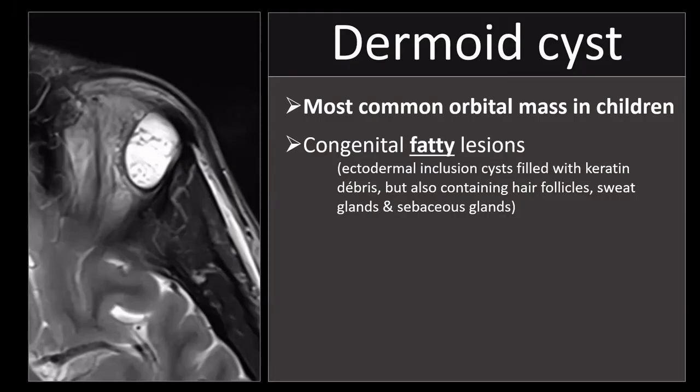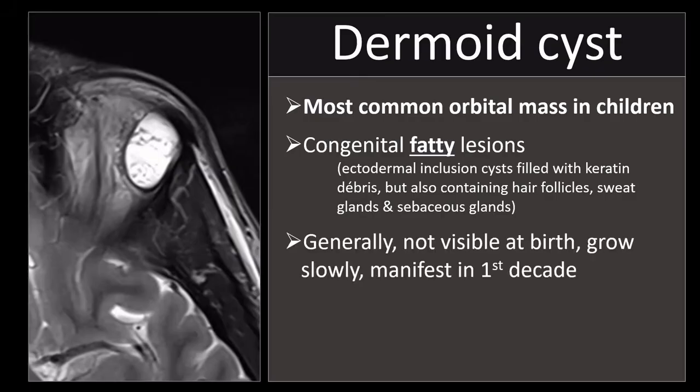It's an ectodermal inclusion cyst, so a congenital inclusion cyst lined with epithelium, filled with keratin debris, but contrary to epidermoid cysts, these also contain hair follicles, sweat glands, and sebaceous glands, and these secrete some kind of oily, fatty fluid, which gives the lesions their very characteristic T1 hyperintense signal on MRI and their very low density on CT.